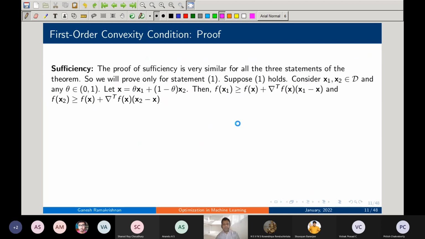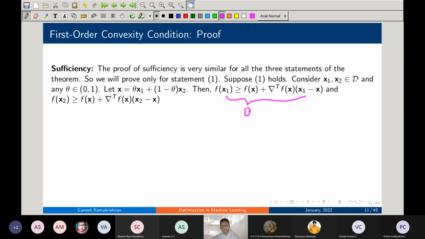So what's the next step? Well, this should become obvious to you. The manipulations are not too many. You can multiply the first one by some scalar. We have to see how things get cancelled out, right? So f of x1 and f of x2 here, and x2 minus x and x1 minus x.